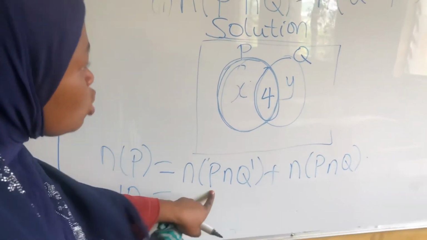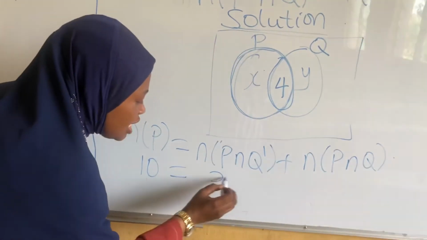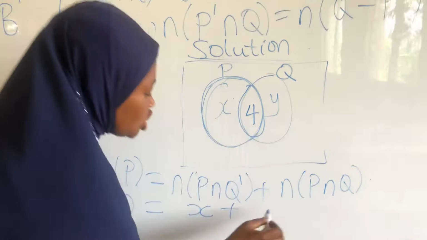This one we have represented with X, plus their intersection, which is 4.